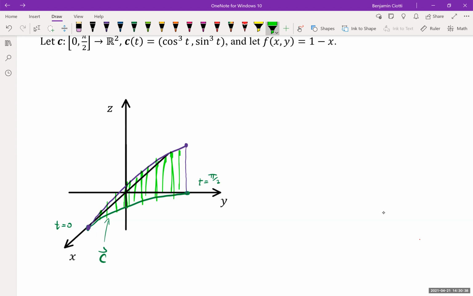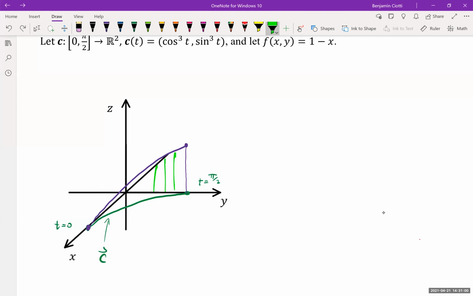The height of the fence is increasing. Let's find the area of that fence. Okay, so that's what we're computing here. There's a solid physical interpretation of what a path integral equals. So let's find the area of this fence right here.